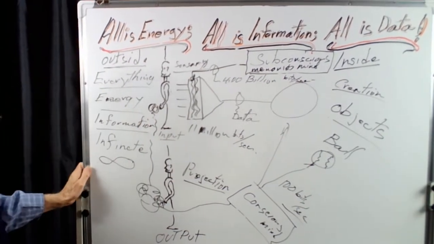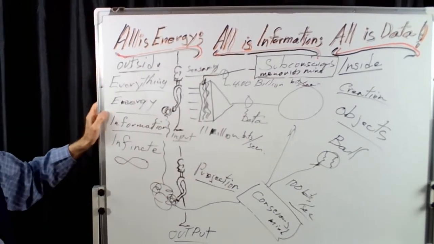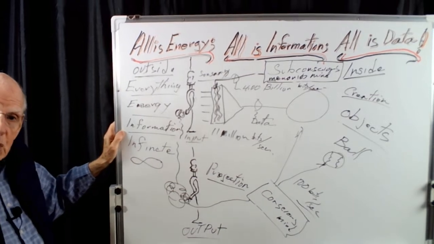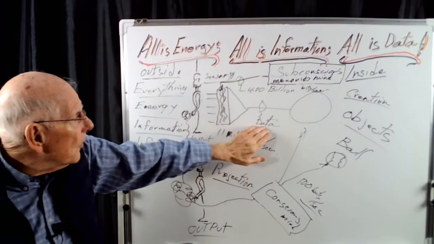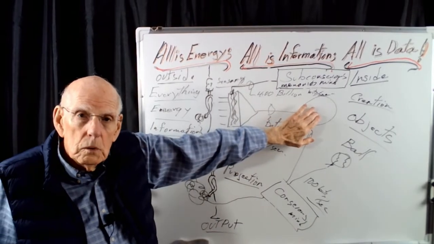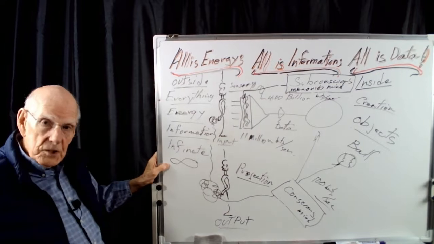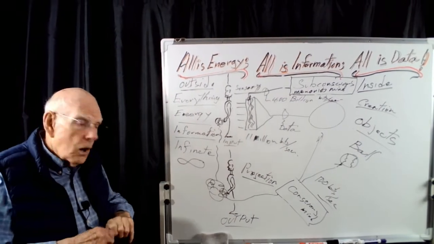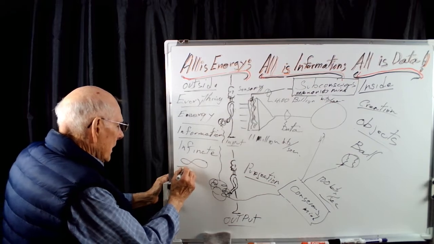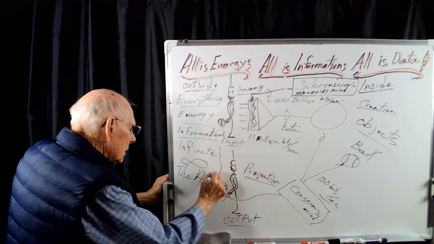Now, what do we call this out here? I said it is everything. It is energy. It is information that we convert to data and create our world inside. And it's infinite. Now, what's another name people do call that? I'll tell you. The All.